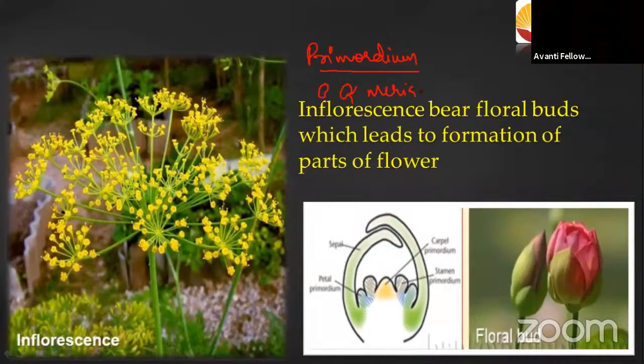I hope you know what meristematic cells are. Meristematic cells are those cells which are actively dividing, and they are very active in dividing and differentiating. Not only dividing, they even differentiate, making many cells. So the stage of meristematic cells is what we call the primordial stage. Here the cells will undergo many mitotic divisions and also cell differentiation.